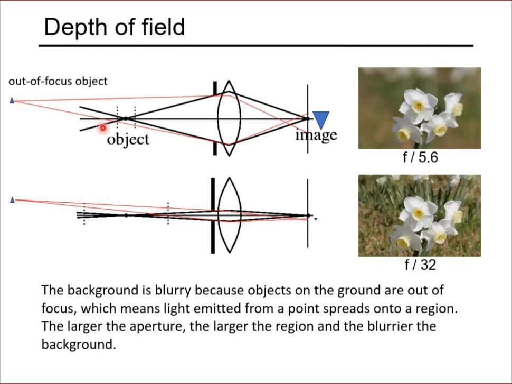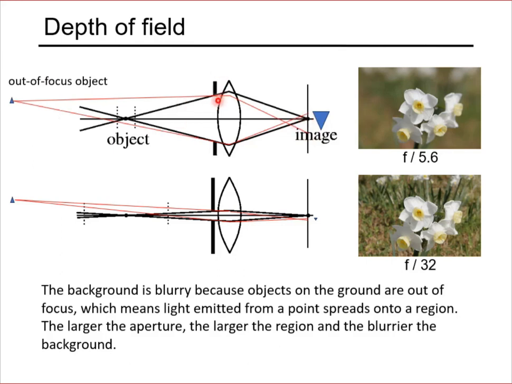If the object is not at the focal length, so this object is the flower here, and this is the background, then the light emitted from the background object through the lens will not focus on the film or the sensor. So there will be a range of the light.